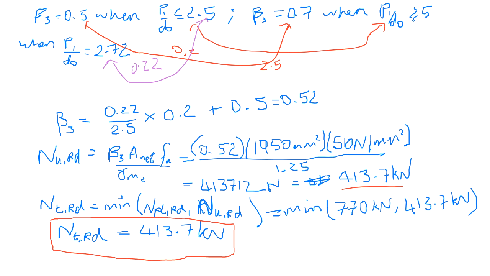So has anyone any questions on that? No. Okay, so that completes the tensile design for now. So that's 2 examples in the tensile design. You've done one yourself as part of the assignment.